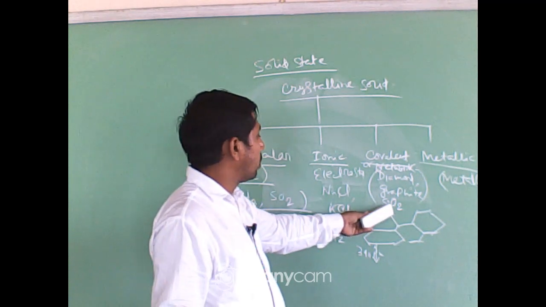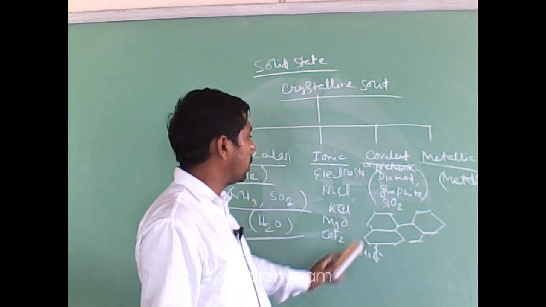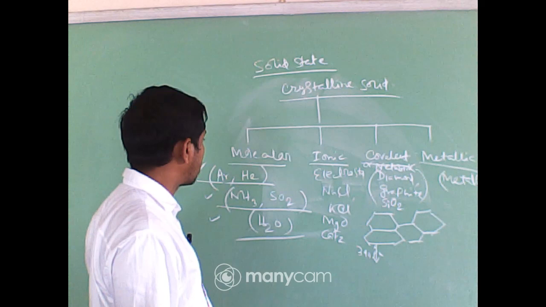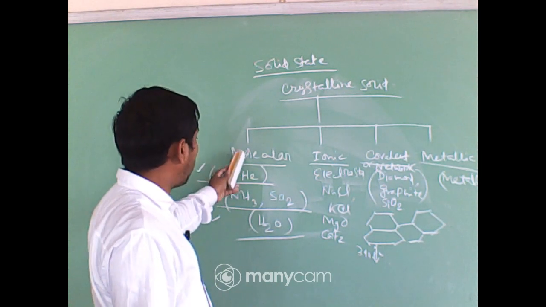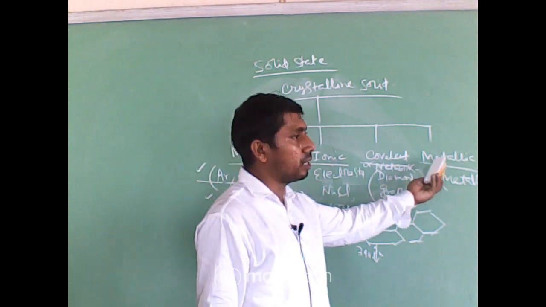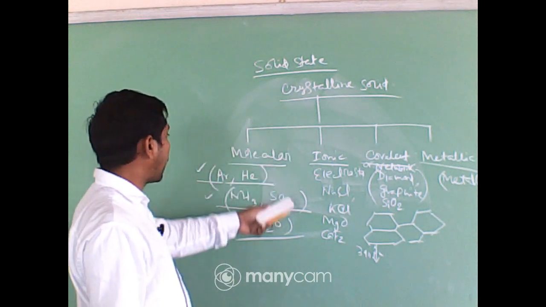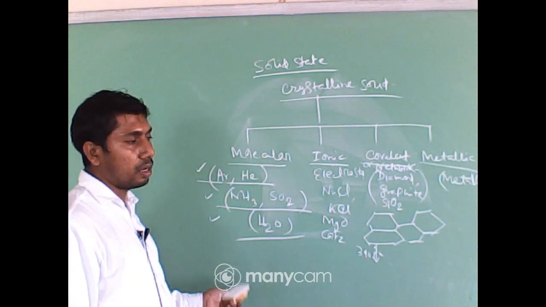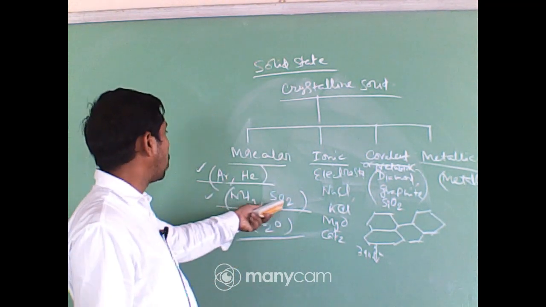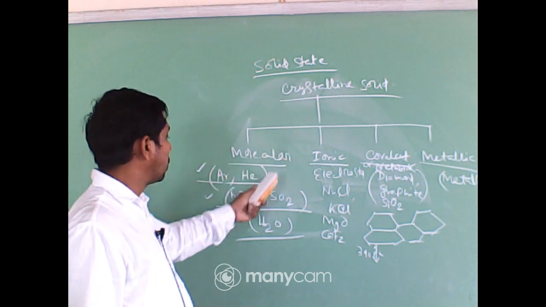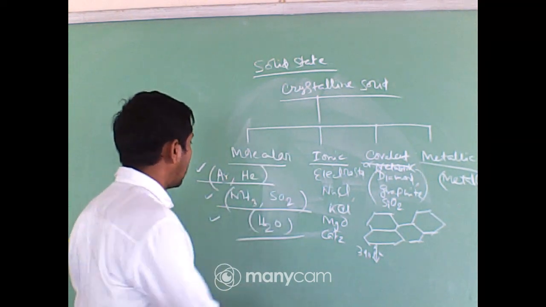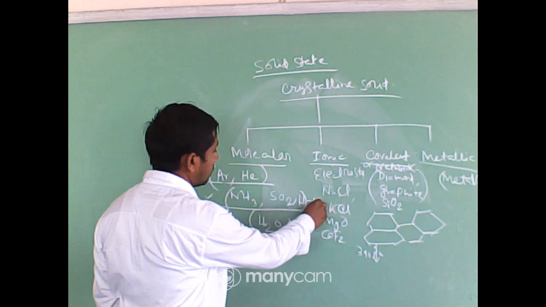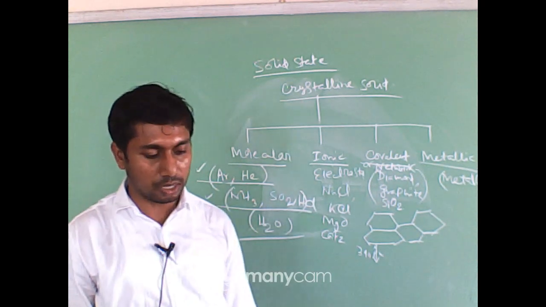In the case of diamond or graphite or silicon dioxide, it is covalent. And the molecular solid and metallic solid: metallic solid is very simple, but among the types of molecular solid, the gases are also under molecular solid, that is NH3, HCl. HCl is also under molecular solid.